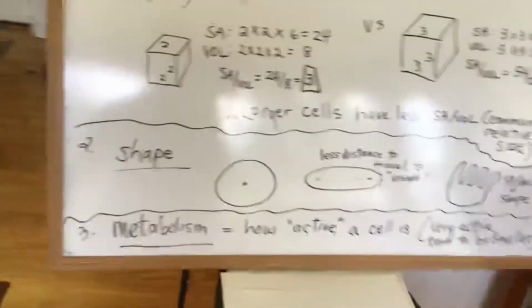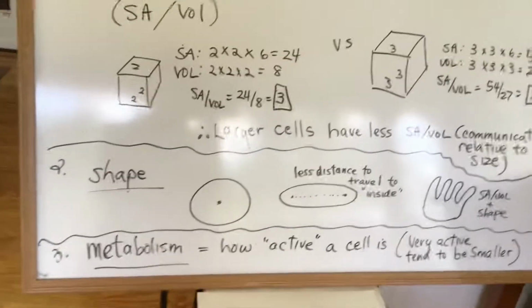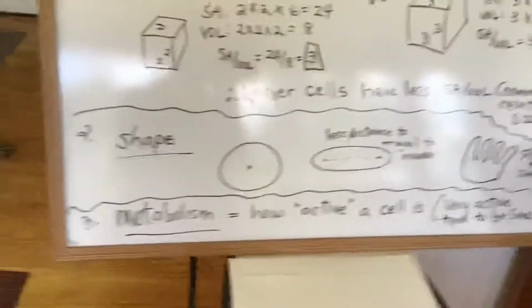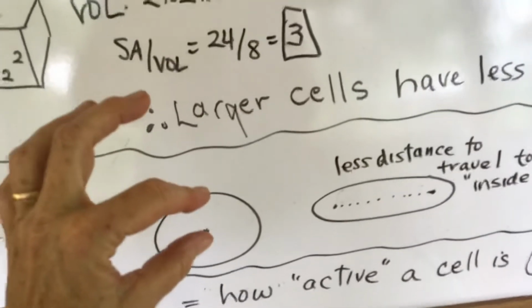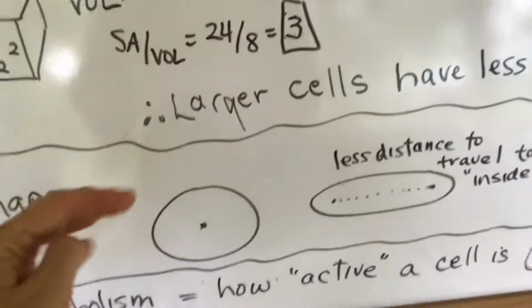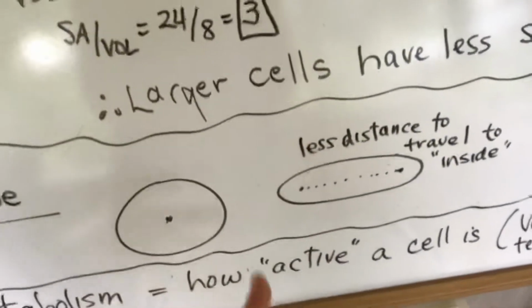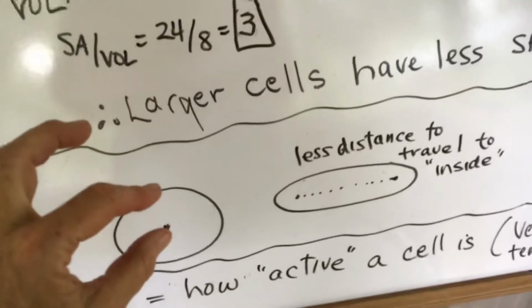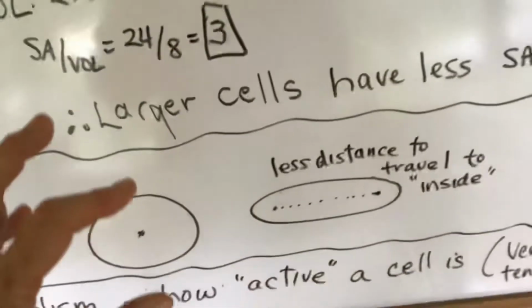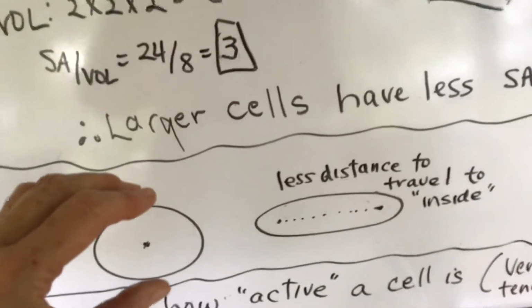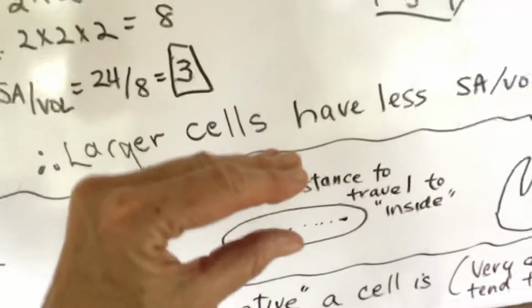Another thing that influences cell size is shape. The shape of an object can influence how far it is to the center. So let's look at this a little bit closer. If I take this distance, the distance from the outside to the furthest point, which would be the center, that would be about that far, versus over here, if I'm an oval shape, in other words, this is perhaps the same volume, and now I've just squished it down.